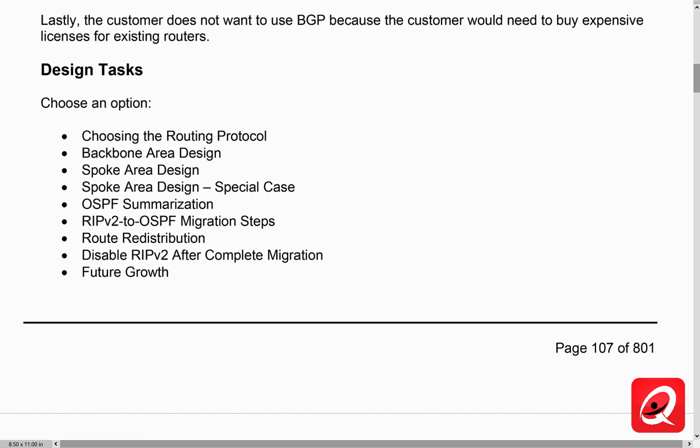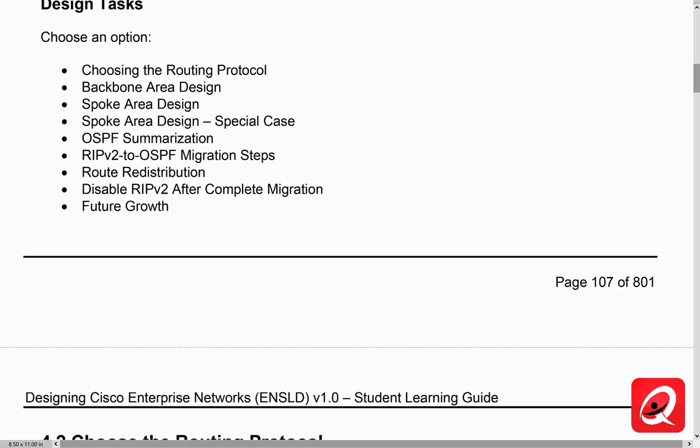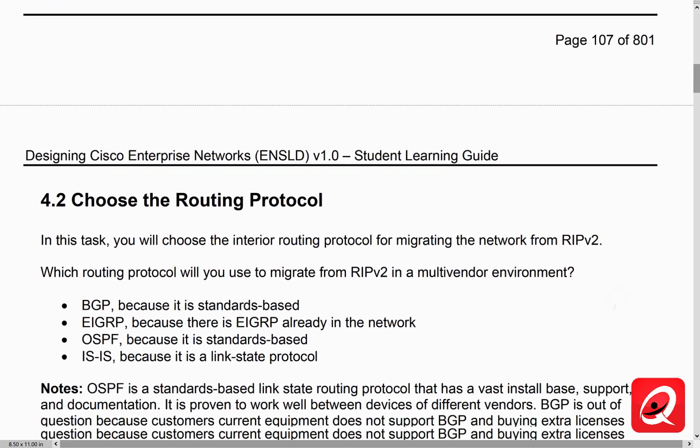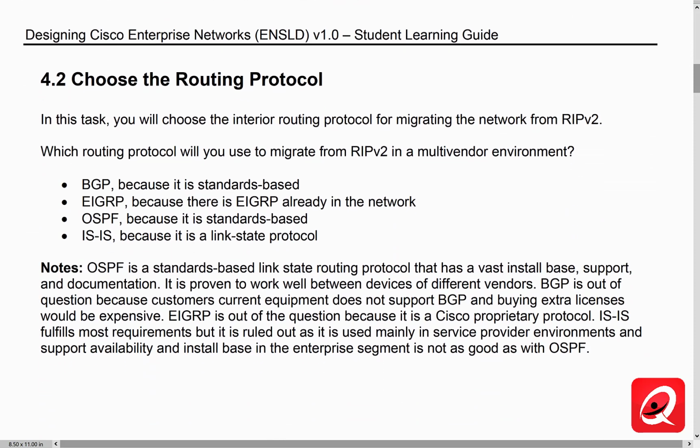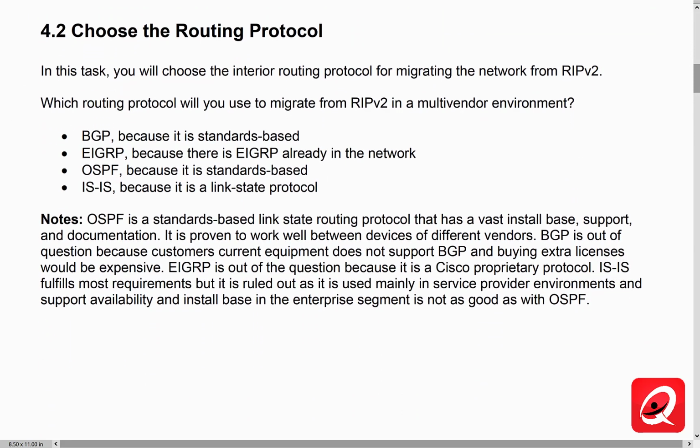How do we handle route redistribution? And then how do we finally get rid of RIP version 2 after we complete the migration? And how do we account for future growth? These are all the questions we ask ourselves in this particular case. So the first task is to choose a routing protocol. In this task, we need to choose the interior routing protocol for migrating from the network of RIP version 2.